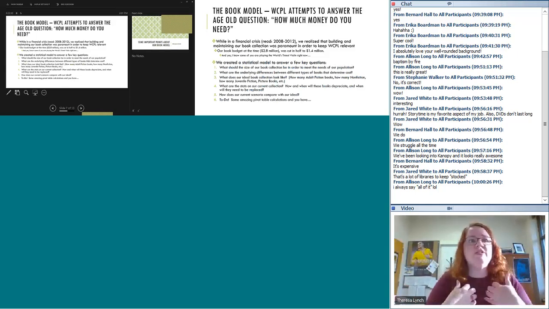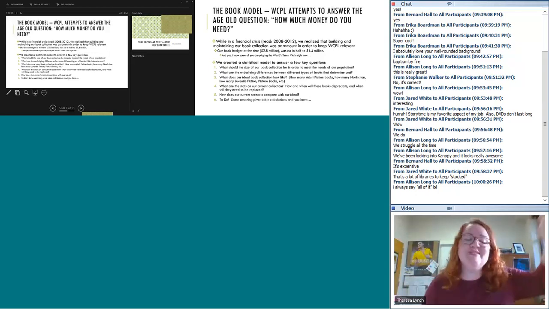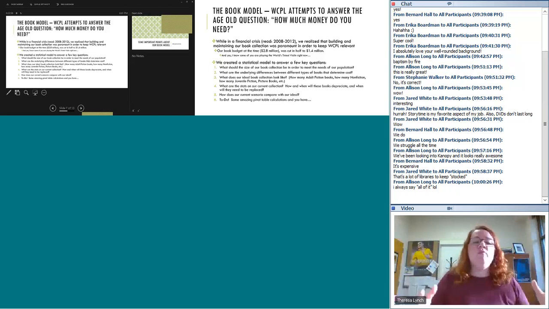We also looked at our own collection sizes during what we felt were periods of affluence or good budget years. Did a whole variety of stuff, and through that created what we thought would be an ideal size of our book collection. And what we came up with was right about 1.7 million items.